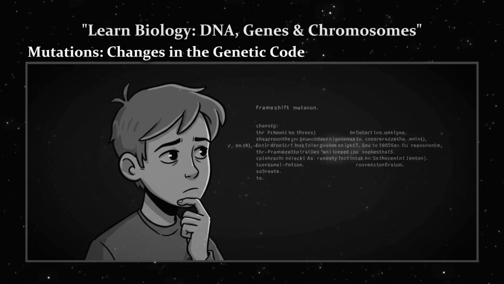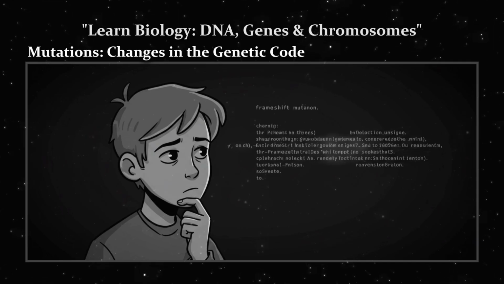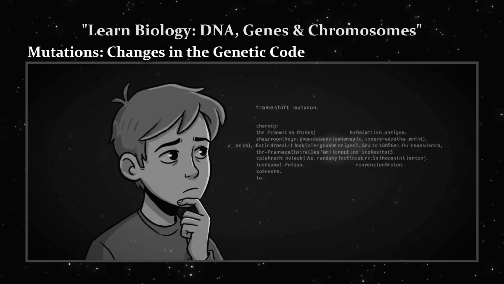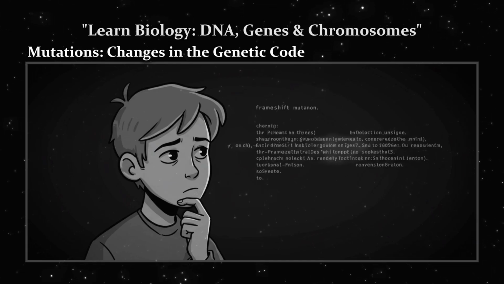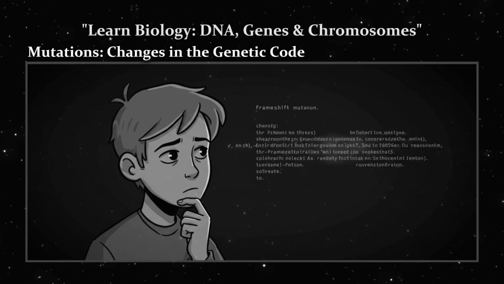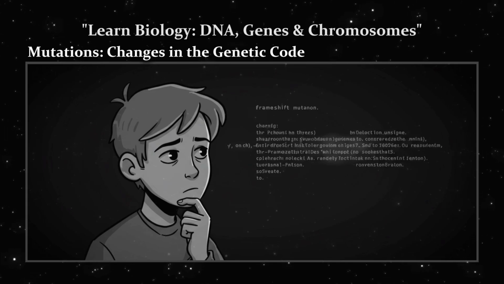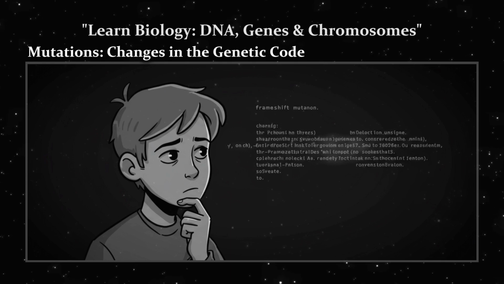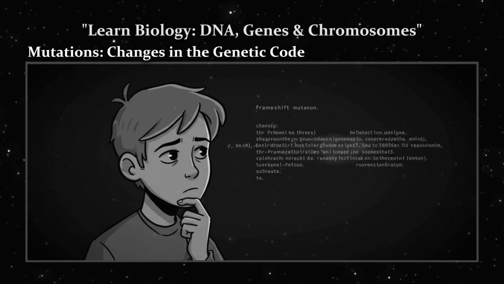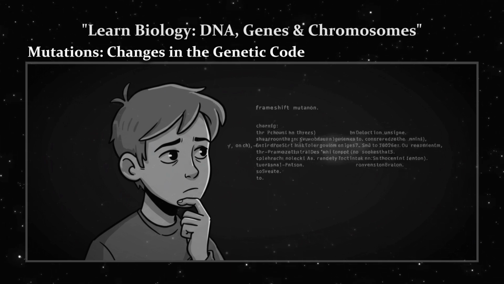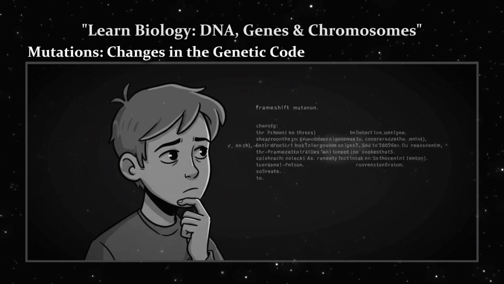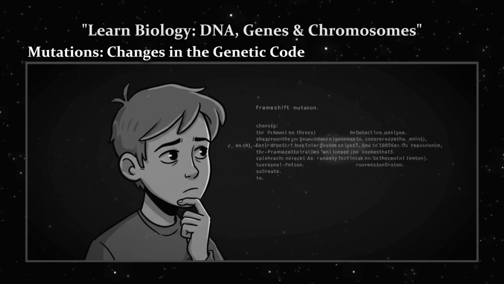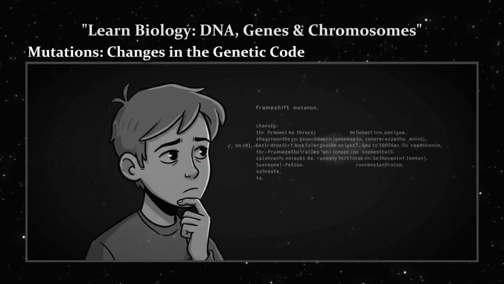When we hear the word mutation, we almost always think of it in a negative context: disease, cancer, defects. And it is true, most mutations that have any effect at all are either neutral or harmful. They are the root cause of thousands of genetic diseases, like cystic fibrosis, Huntington's disease, and sickle cell anemia. These are conditions where an individual inherits a broken gene from their parents.